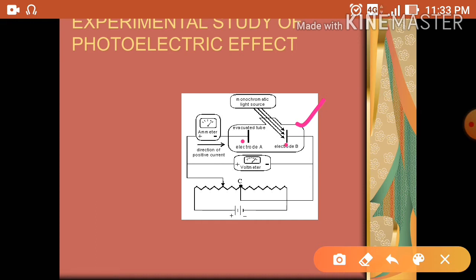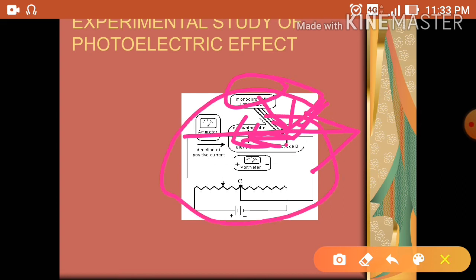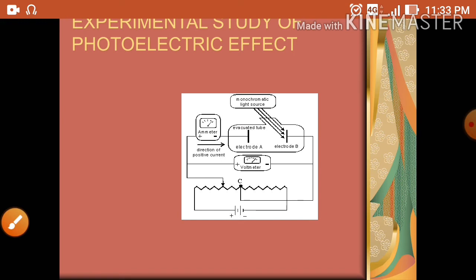Now, when monochromatic light is projected on one of the electrodes, electrons from this photoelectric plate are ejected, and they go to the electrode A. Then the circuit is complete, the electrons move in this direction, and thus the current flows in this direction. This is the whole scenario.